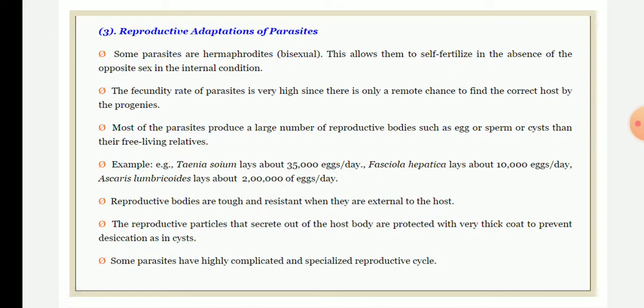Reproduction adaptation of parasites. One of the most characteristic features of the helminth parasites, or other parasites too, is the enormous development of their reproductive system. The chances of survival of a parasite inside the host body are always threatened. So in order to survive, the life cycle of the parasite is generally complex and often comprises two or more hosts.